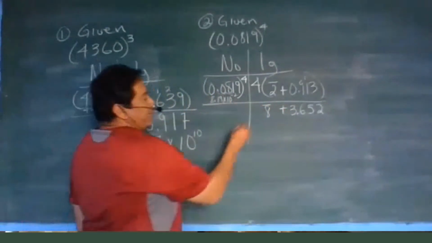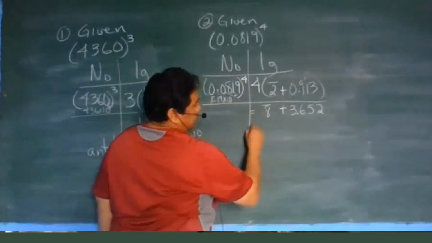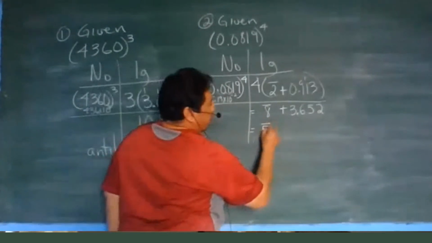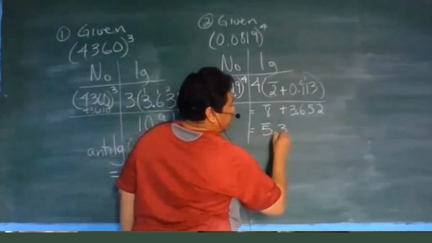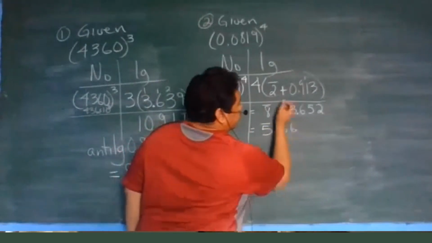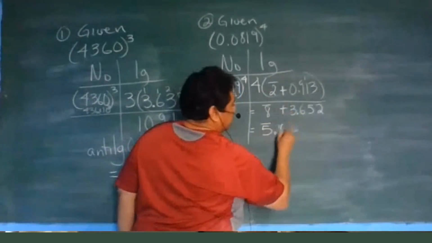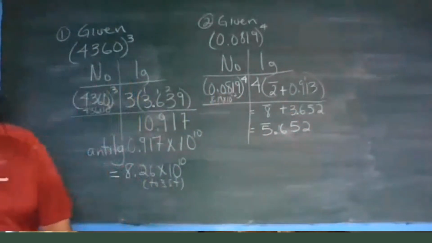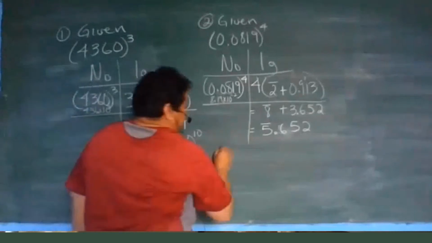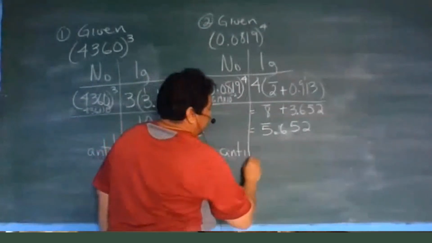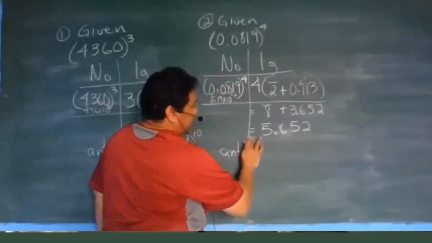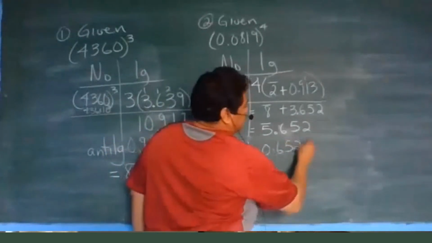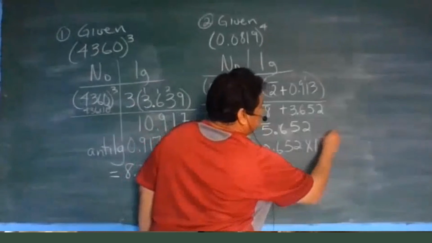So when I add these two, I will get bar 5.652. So bar 5.652, and I will antilog that, antilog 0.652 times 10 to the negative 5.